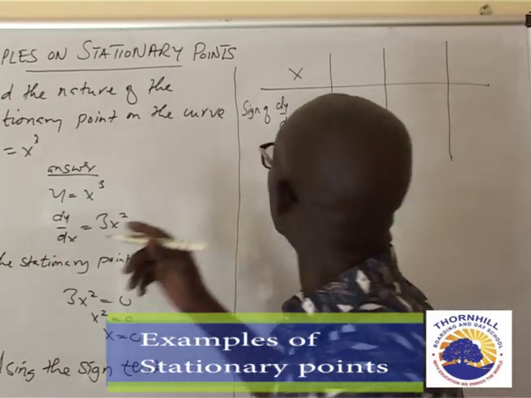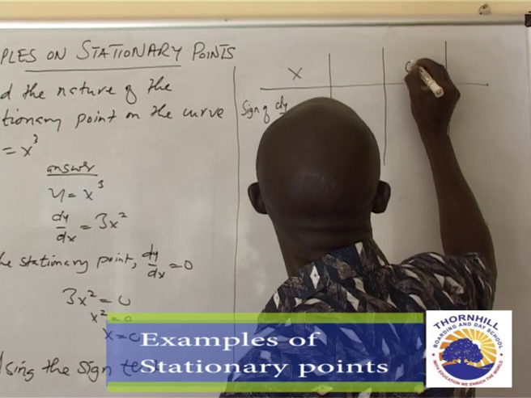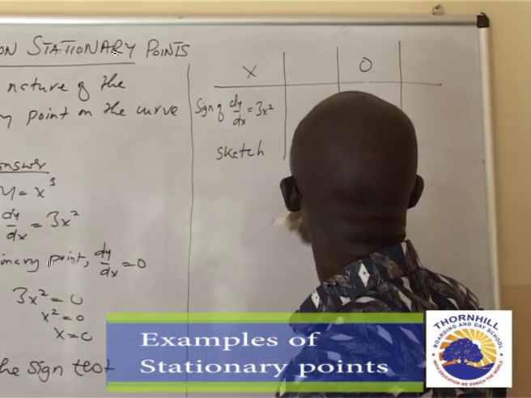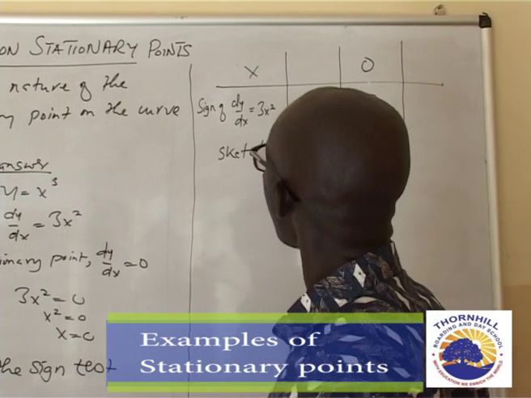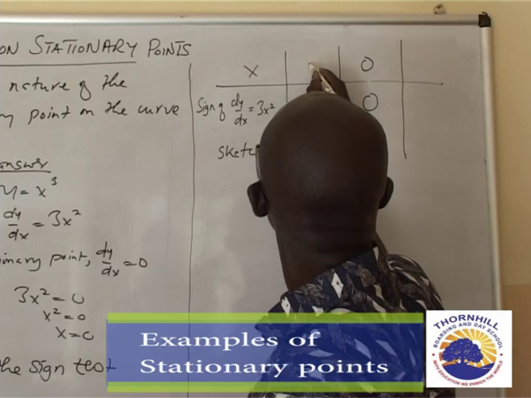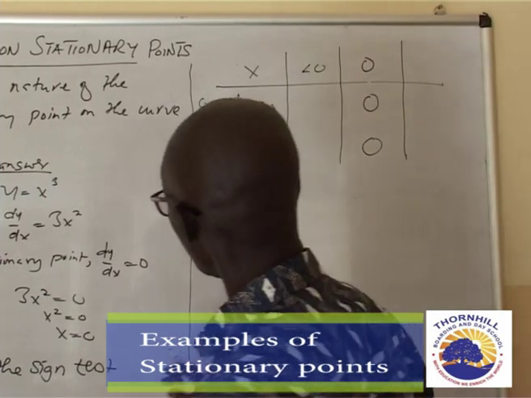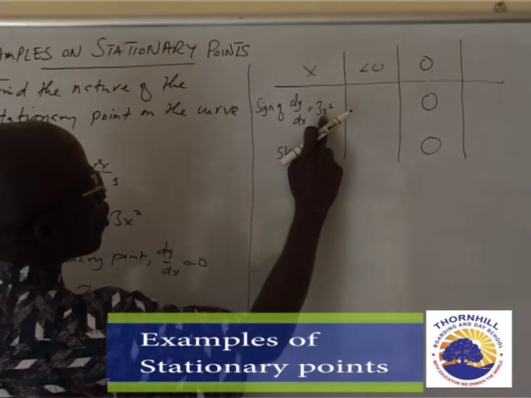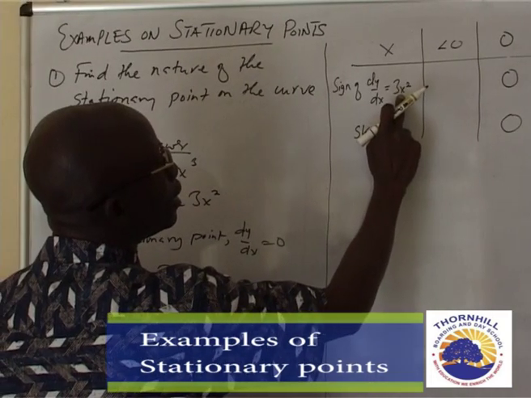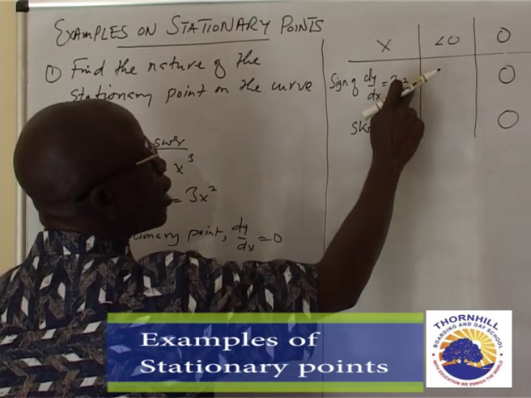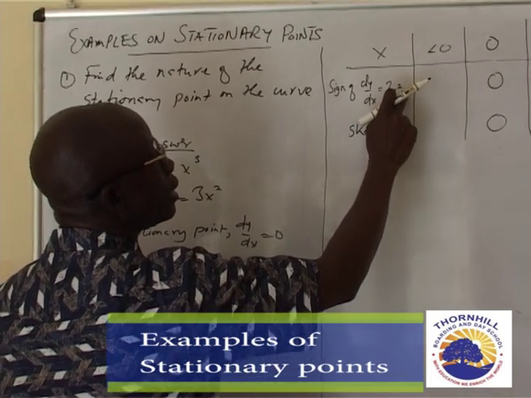At the turning point, the gradient is always 0. So we have 0 here. Then we pick a number which is less than 0. So let's say negative 1. When you put negative 1 here, it will be negative 1 squared, which is 1, times 3.